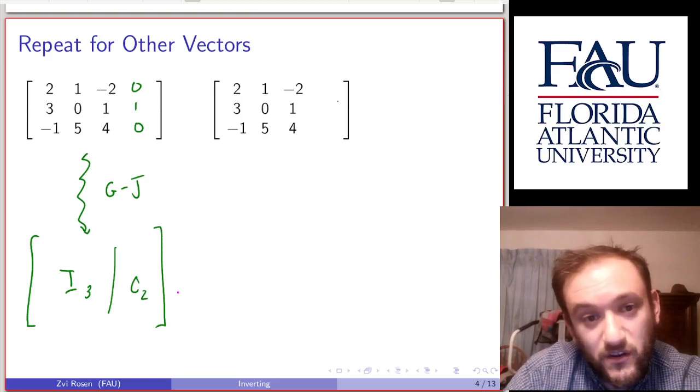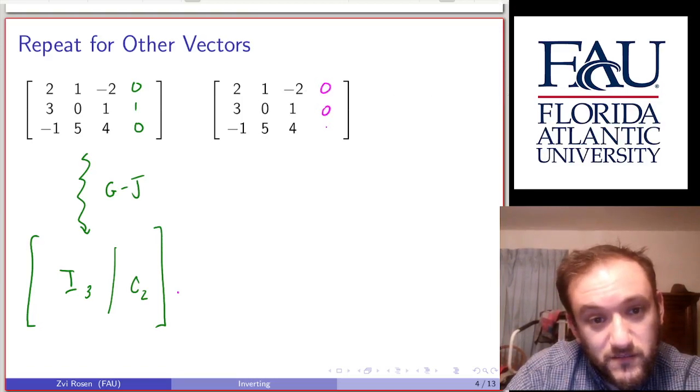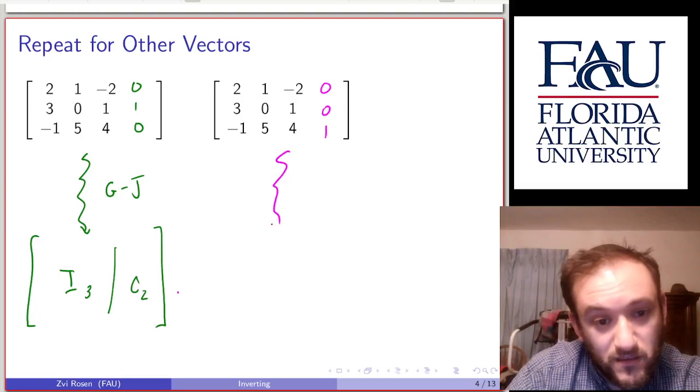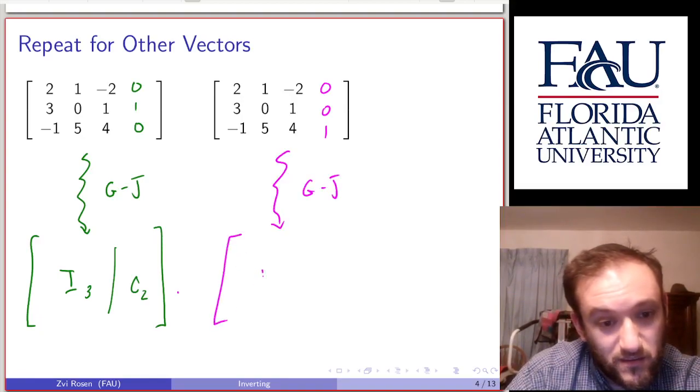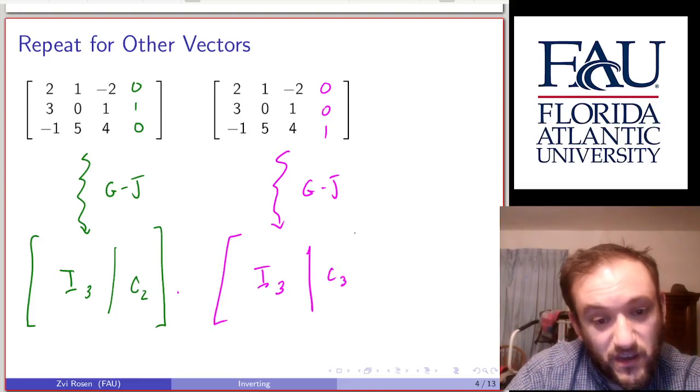Then over here we would get 0, 0, 1, do our Gauss-Jordan elimination, and get the 3 by 3 identity matrix and the third column of our inverse matrix.